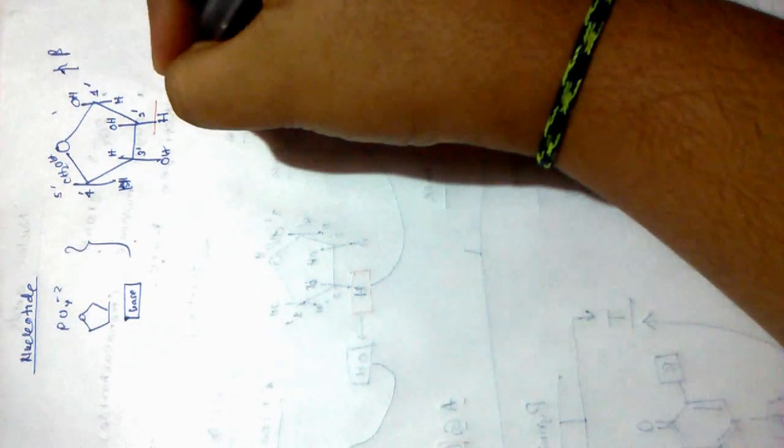Here, this is a deoxyribose sugar. For the first carbon atom, the nitrogen base is attached. On the 5th carbon, the phosphate group is attached. Remember, we are going to draw only a nucleotide, but there are nucleosides also. We will discuss it later.